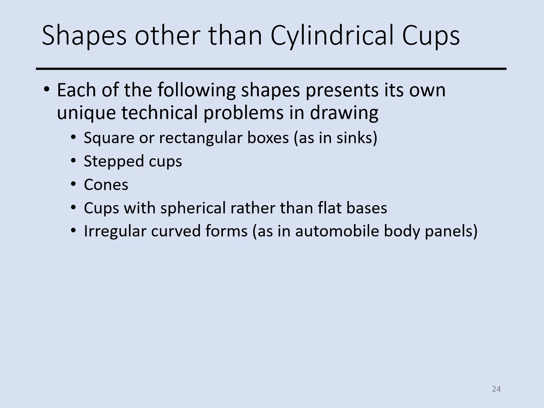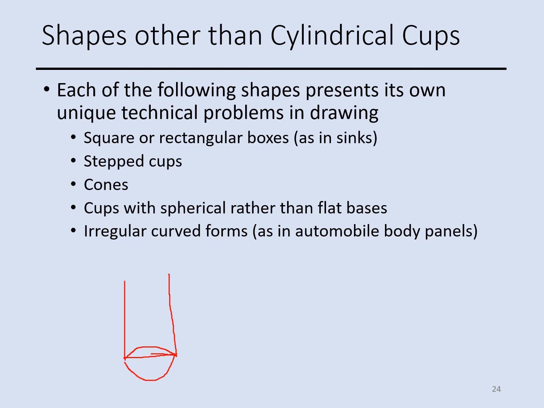We talked about cylindrical cups so far, but it is possible to use deep drawing to make other geometries, and each geometry has its own problems. Shapes like squares, rectangles, and boxes are more difficult. We can make a stepped cup, we can make cones, and also cups with a spherical rather than flat base at the bottom.